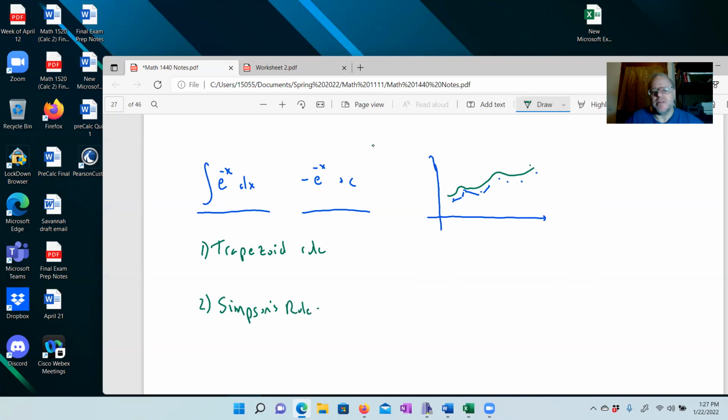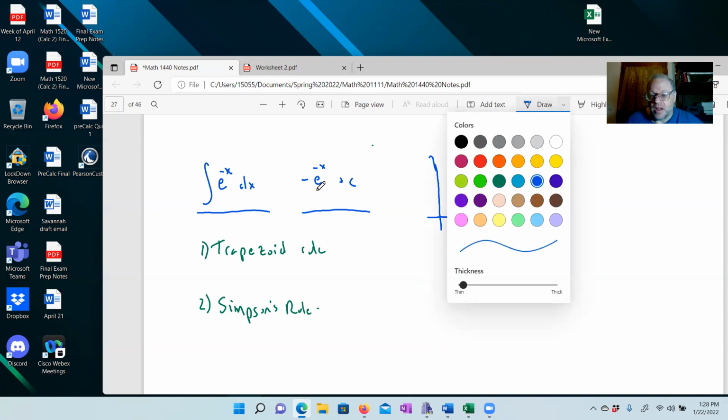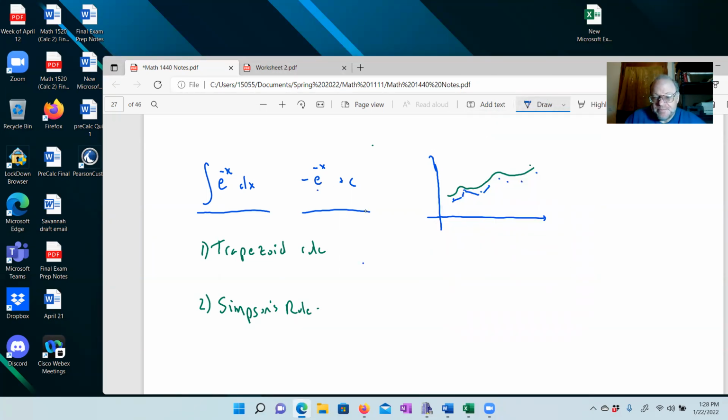Okay, and what the trapezoid rule does is kind of exactly what we drew with the blue line, in that we just connect the dots with a straight line. So if you have some kind of function, you're just going to draw whatever interval it says. It's often delta x, right? The change in x's.